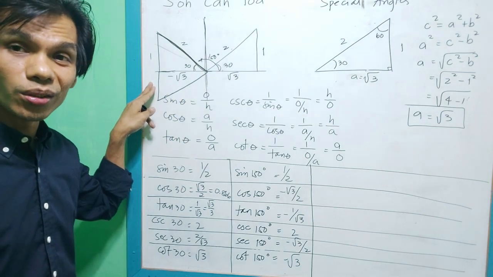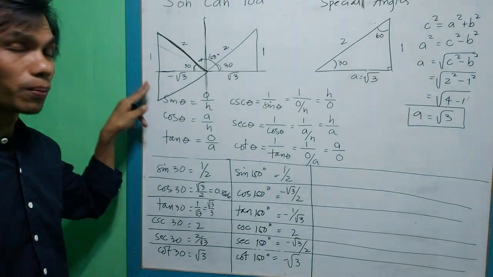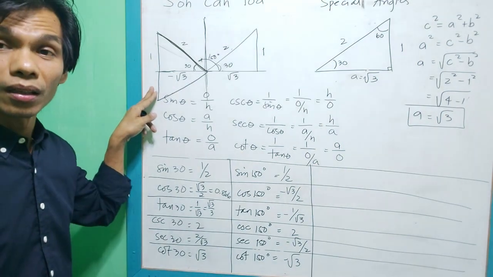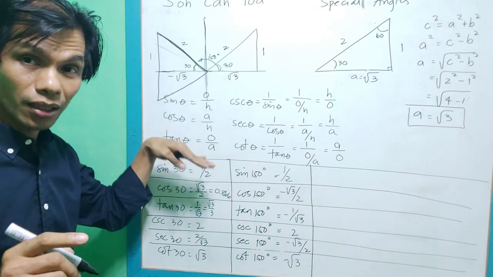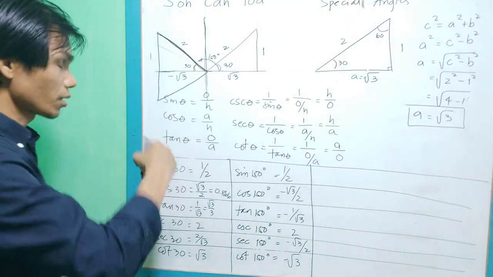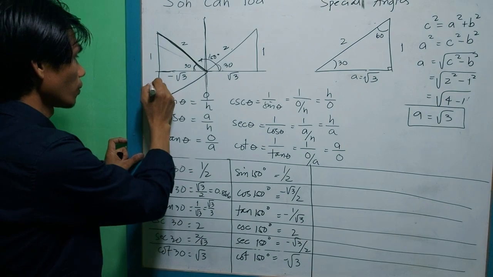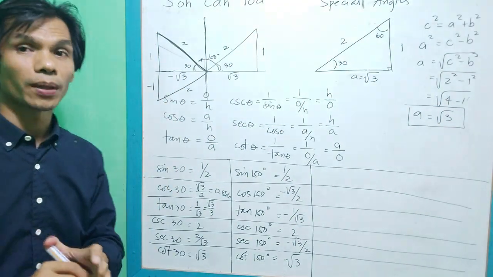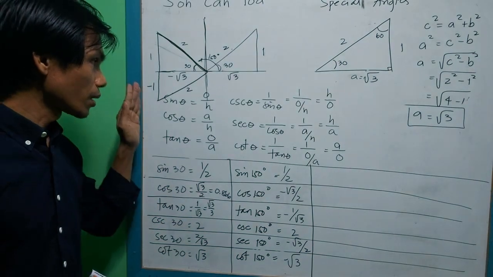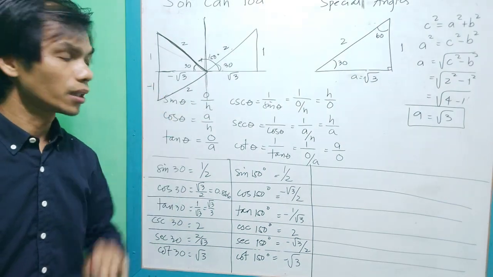Ano kaya sa tingin nyo yung 1 dito? Yung pinakamaigsi? Correct, negative 1 na rin siya. Bakit? Nasa baba na siya ng x-axis. Nandito na siya sa ilalim. So that we have negative 1 and then 2. Pero kung titingnan natin yung magnitude, pareho pa rin. Pinakamaigsi ay 1, ang pinakamahaba ay 2.